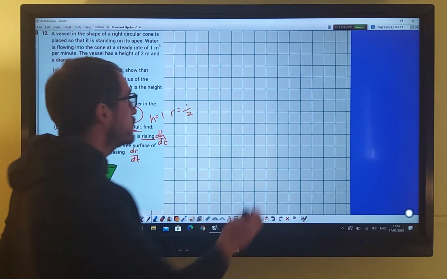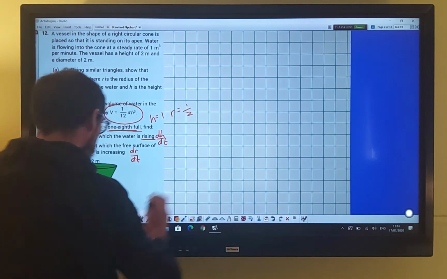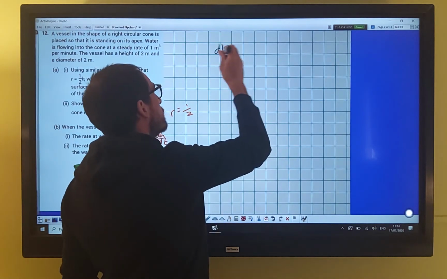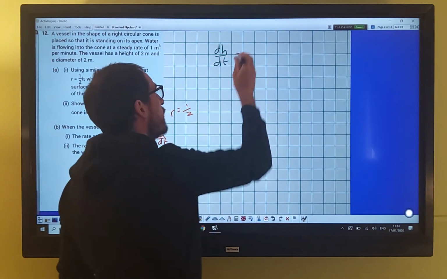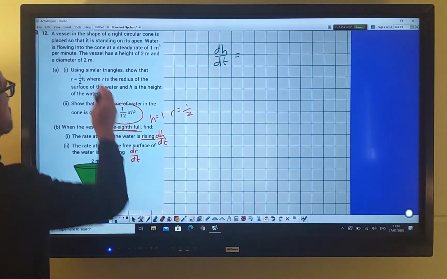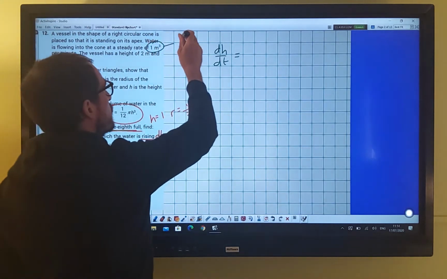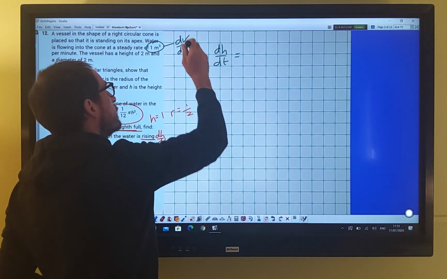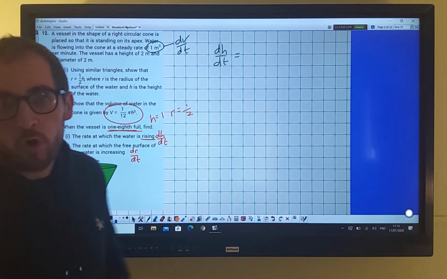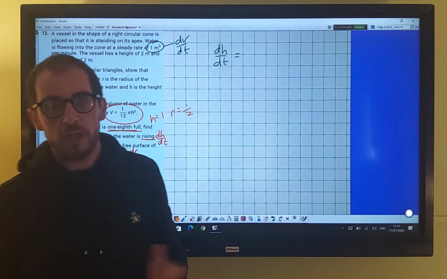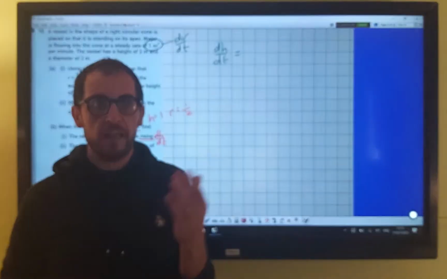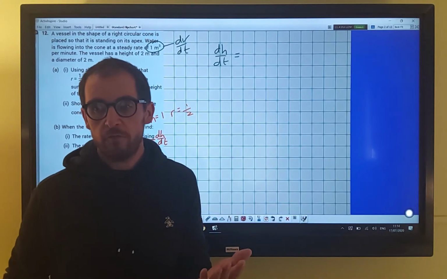So in order to get the dh/dt, I have a formula up here that's known as the dV/dt. I have no formula that links height and t, a formula that has h and t in it, that I can differentiate.